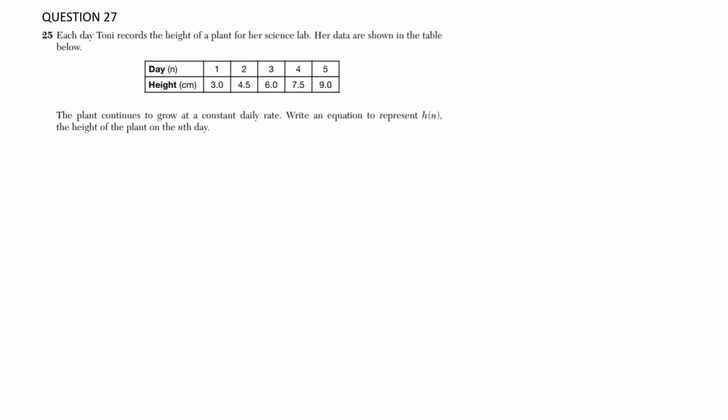All right, in this next problem, Tony records the height of a plant for her science lab, and her data are shown in the table below. Day 1, we're here, day 2, 3, 4, etc. It's growing at a constant daily rate. This should immediately scream linear function to us. It's constant.